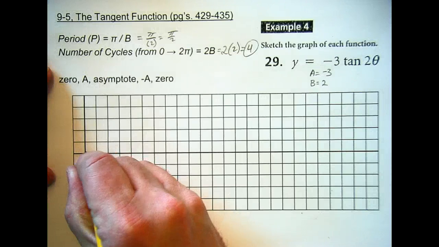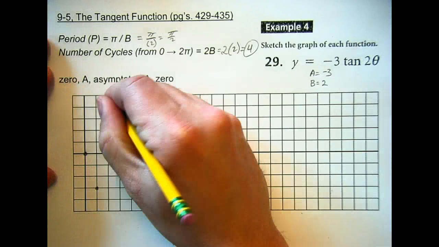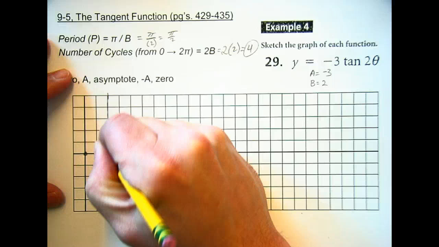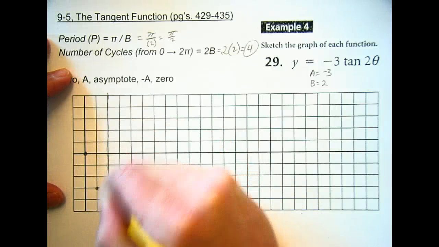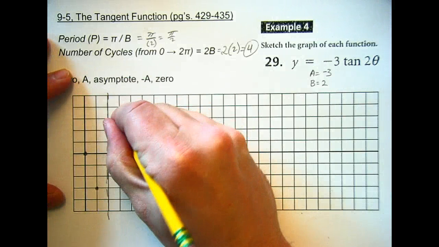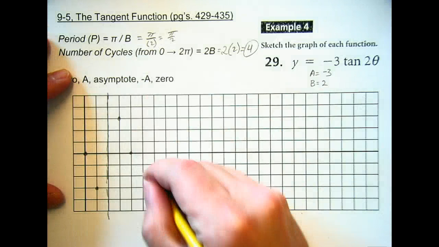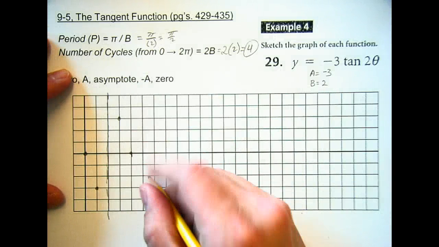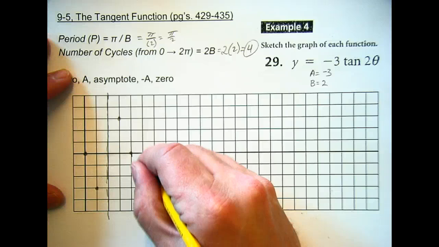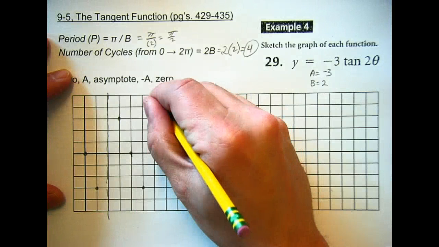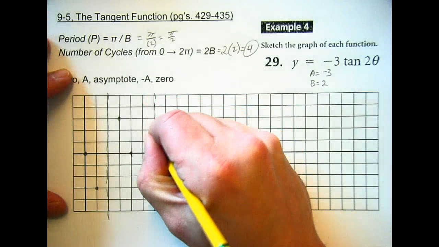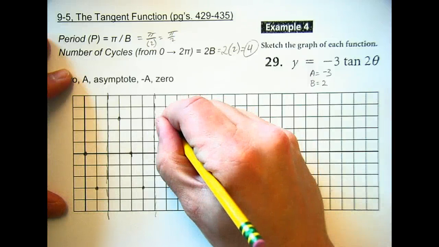Okay, so we go 0, negative a, asymptote, which should be dashed, positive a, 0. There's 1 cycle. Negative a, asymptote.